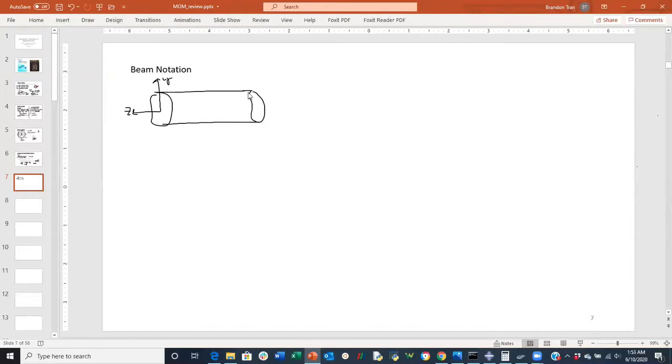So the general notation for beams in general: when we apply, for example, a moment onto the beam, and I'm looking at the beam from the side, essentially you would use the right hand rule.